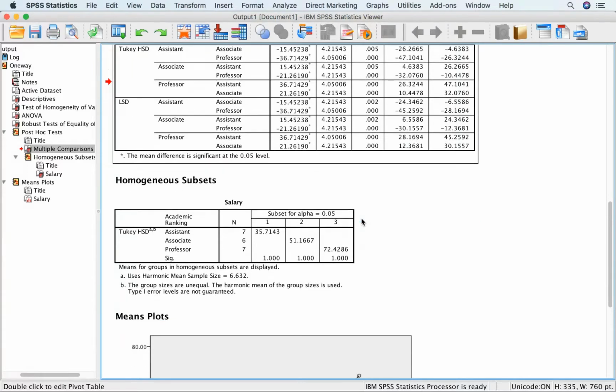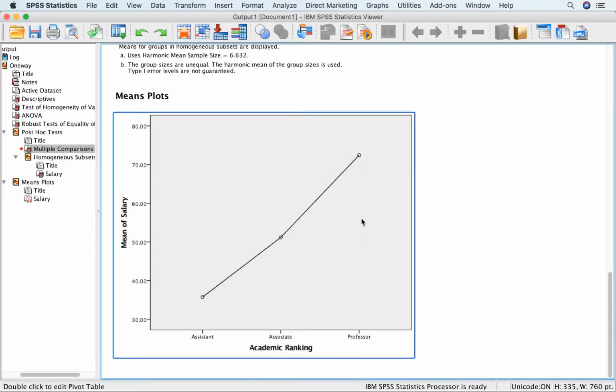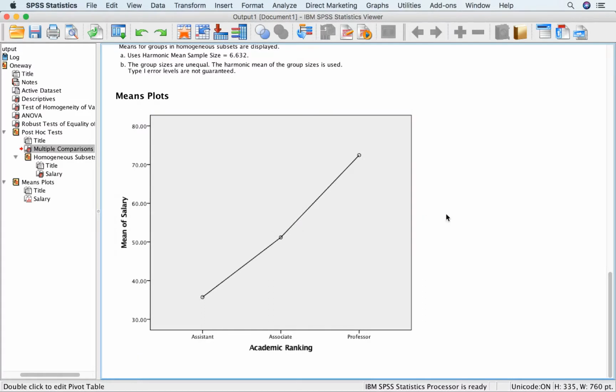All right, so switch to the means plot, which I said you could look at visually, but you can't really determine which one is higher or lower than the other, or if that's significant. You can only tell if it's higher or lower, but you can't tell if it's significant.